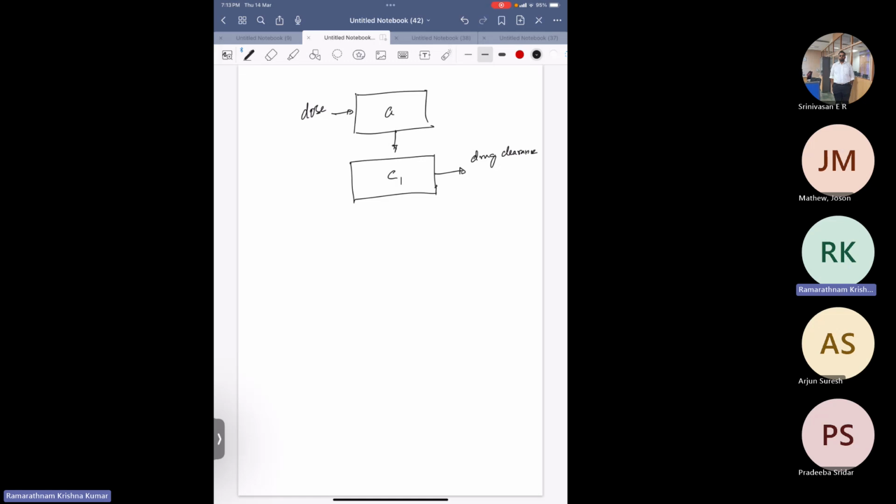Now, when I put in a dose, it's not that the complete dose is utilized. There is an absorption of the dose, which is called the absorption rate. As doctors, you know that it's not that 100% is going to get absorbed. Now it goes to plasma. Then it goes into another compartment.